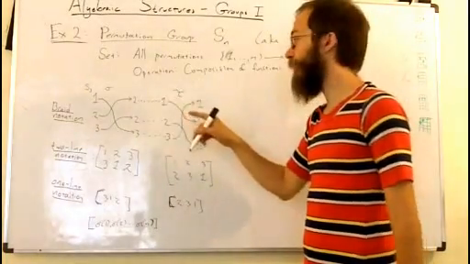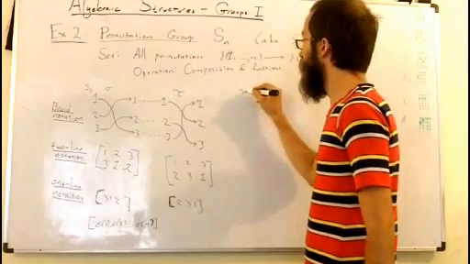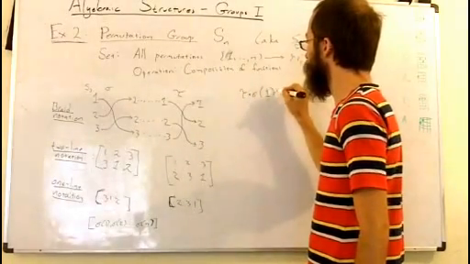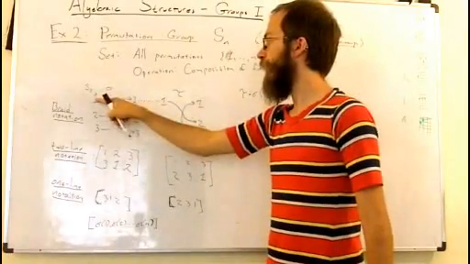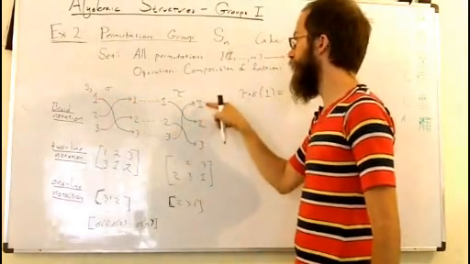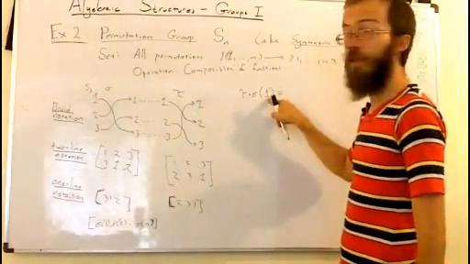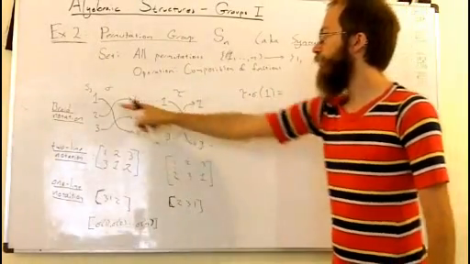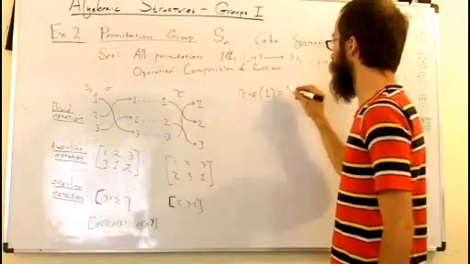Now this will be perhaps a little bit confusing, but tau of sigma of 1, because I apply sigma first and then tau, so sigma hits 1, and then tau does something to where sigma of 1 went. So that's 1 goes to 3, and 3 goes to 1.